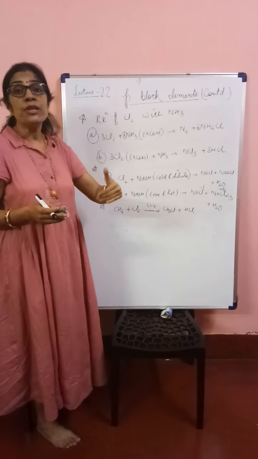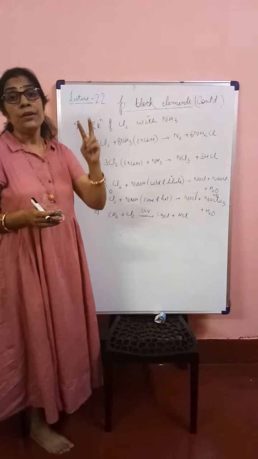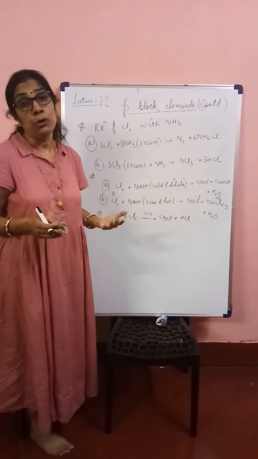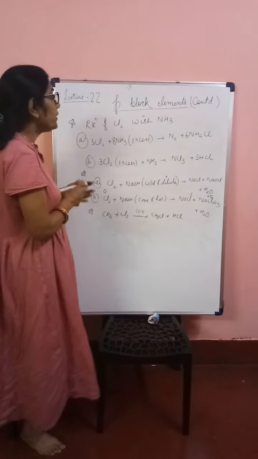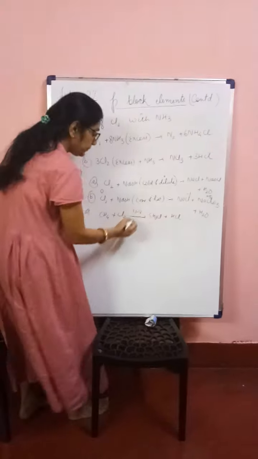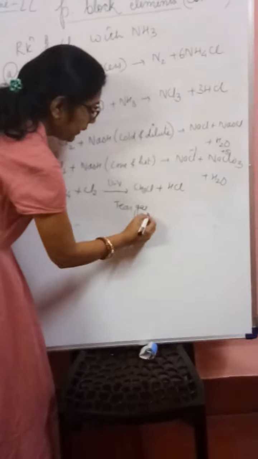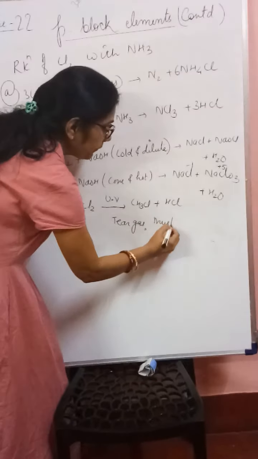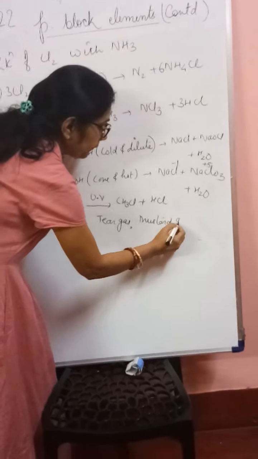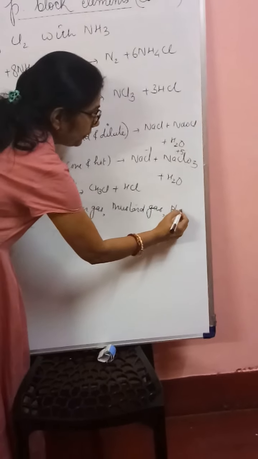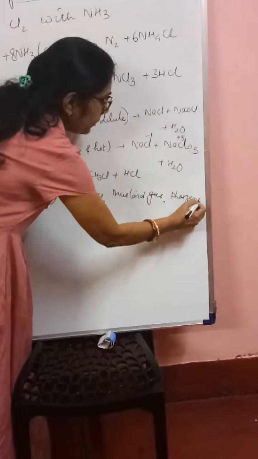And one in-text question is given in NCERT: name 2 poisonous gases which are prepared from chlorine. So these important poisonous gases are tear gas, mustard gas, and phosgene. Any 2 you can remember or all 3.